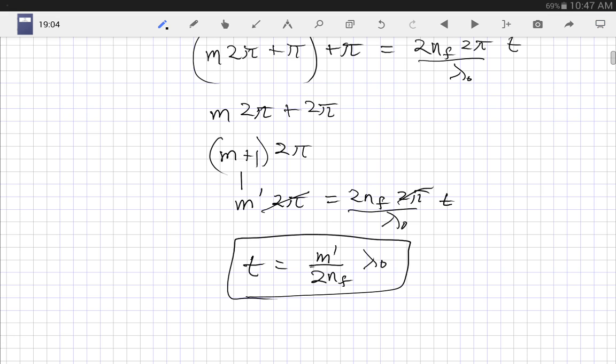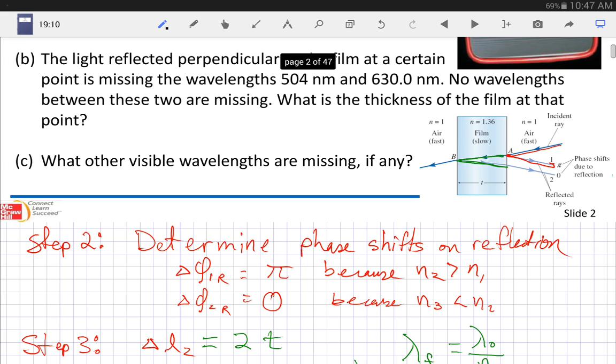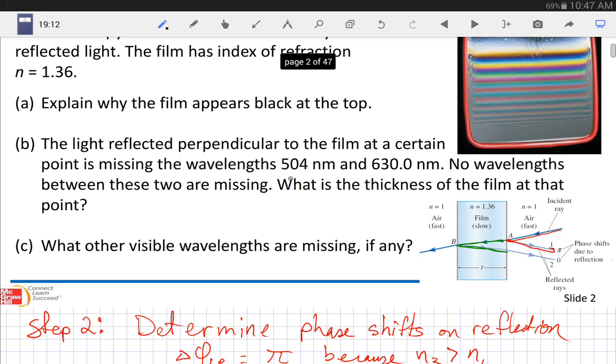The problem specifically said I have destructive interference at 2 different wavelengths, 504 nanometers and 630 nanometers, and not in between. And so now I need to find what thickness the film is if I have destructive interference for those 2 wavelengths.